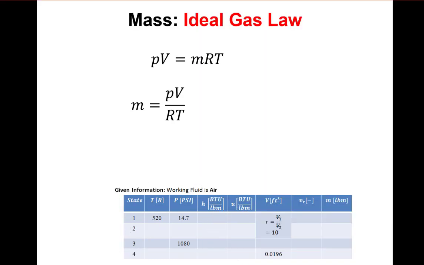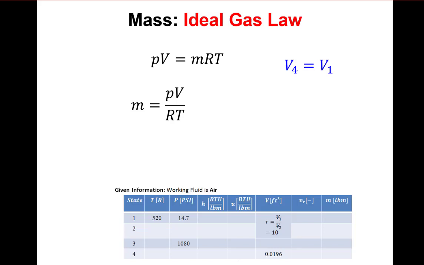And it looks like from the table that I don't know the volume, right? Which would be a problem because then I'd be at a dead end. But this problem sneakily tells us the volume at state 1. If we remember that the process from state 4 to state 1, that's the heat rejection, that happens at constant volume.